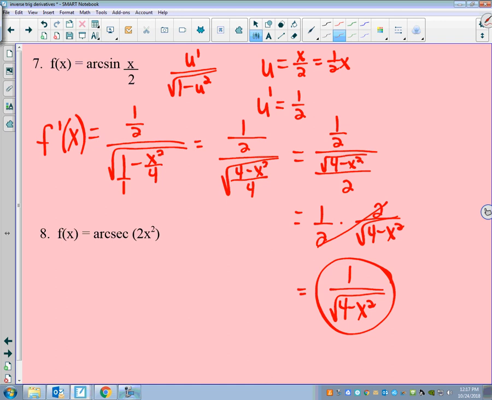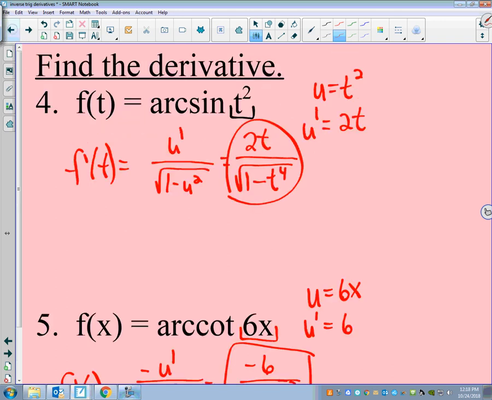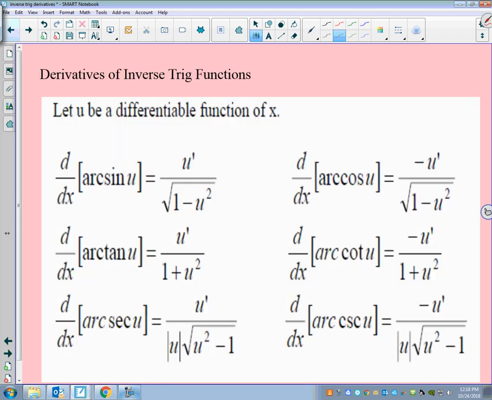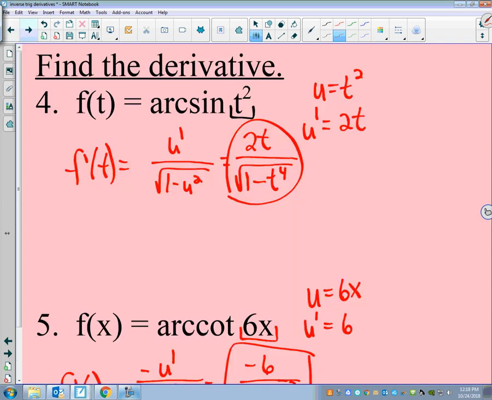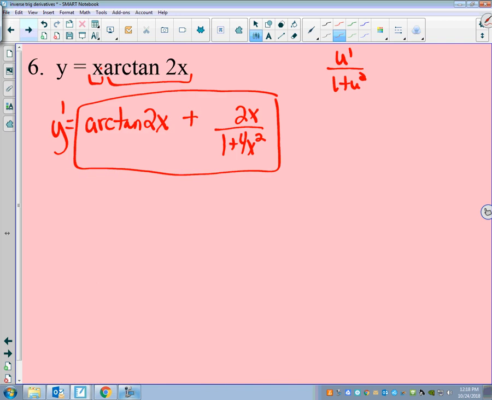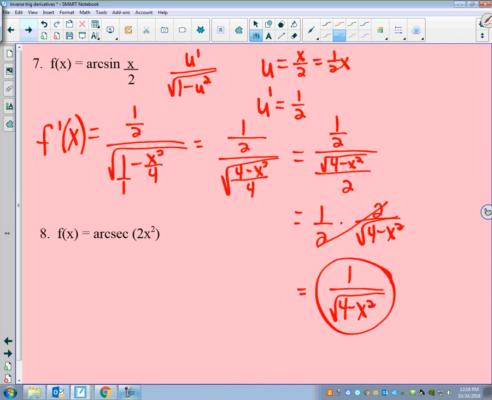We'll end right here on this one. Arcsecant of 2x squared. Secant and cosecant, I'm not going to lie, I've never seen those on the AP exam. I could be wrong though, but with the absolute value, it is u prime over the absolute value of u times the square root of u squared minus 1.